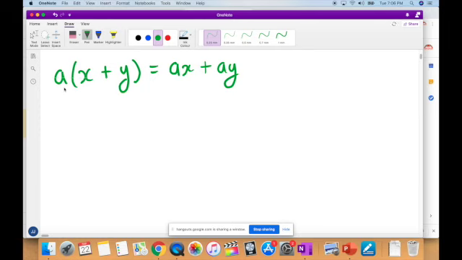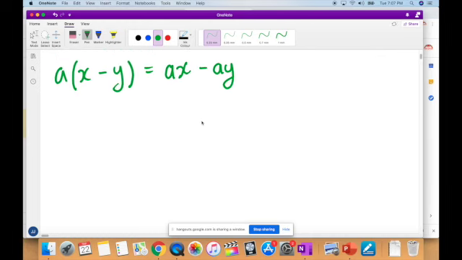A multiplied by x, and then a multiplied by plus y. So Caitlin, what am I going to get with this one? Ax minus a. Very good. A x, positive a times positive x is positive ax. Positive a times negative y gives me negative ay.